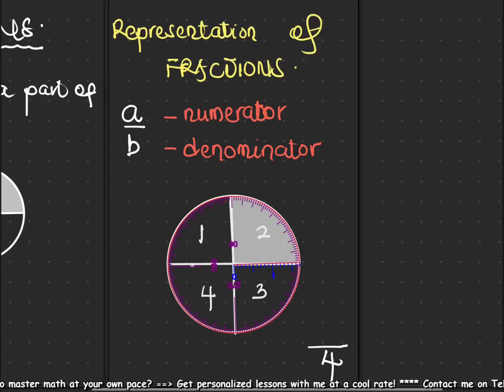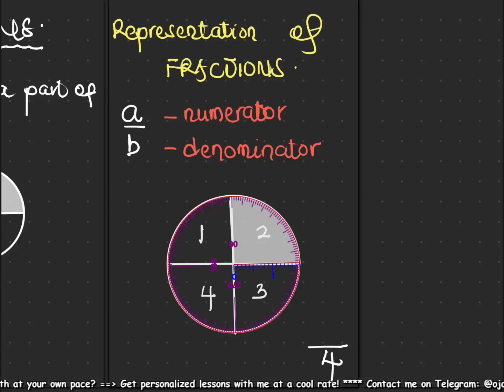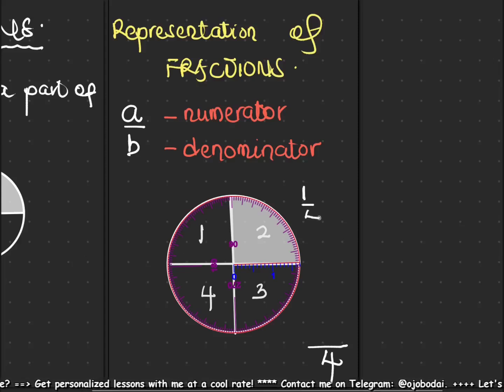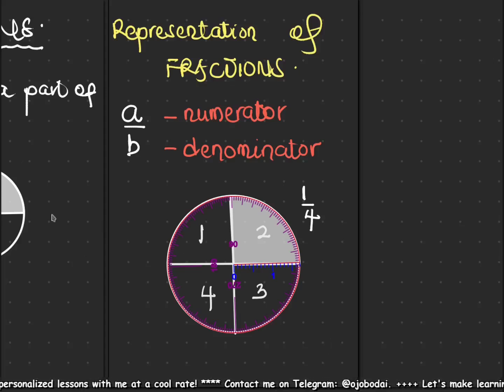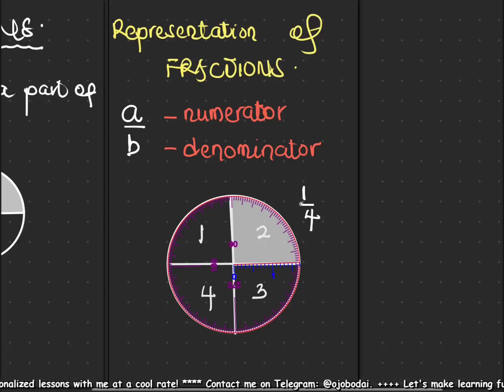Then if we want to express it as a numerator and then a denominator, it means it is just 1 over the 4. Meaning that out of the 4 equal parts, we have taken just 1 of it. That is its representation.